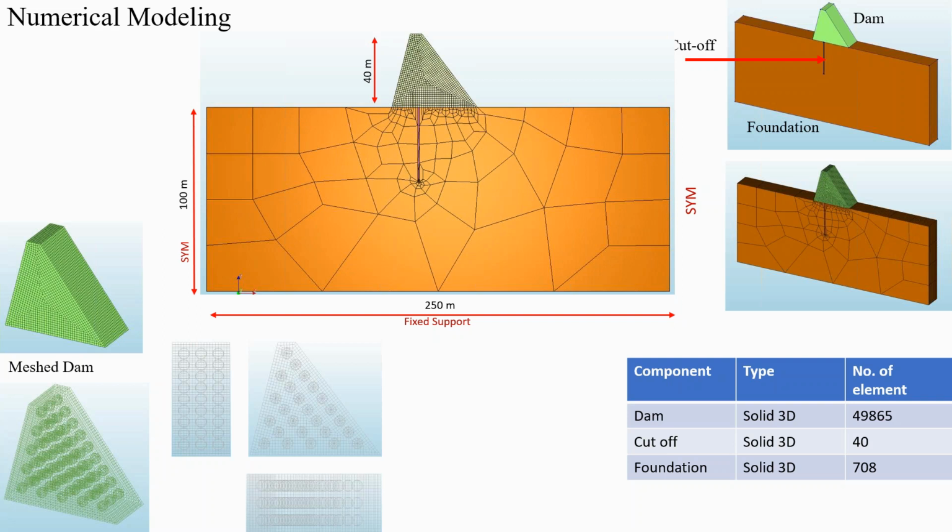The mesh was fine in the dam and gets coarser going to the boundary condition. Also, the mesh size was small for detecting the bubble geometry. So you can find that we have a large number of elements for the dam, around 50,000, and for the foundation, about 700.